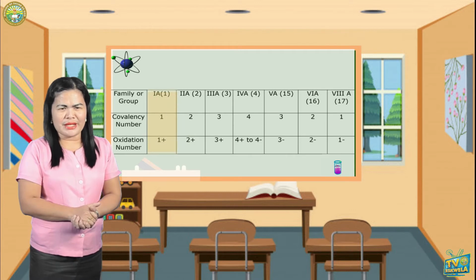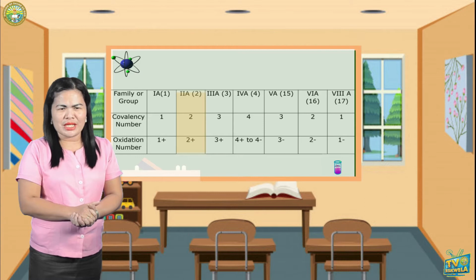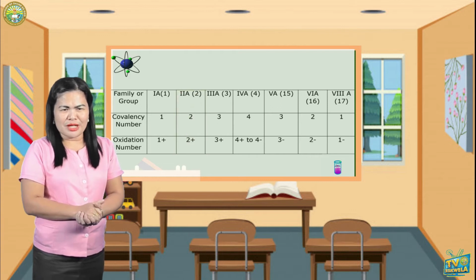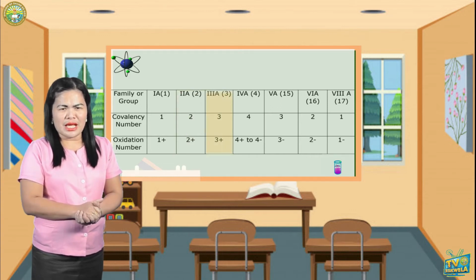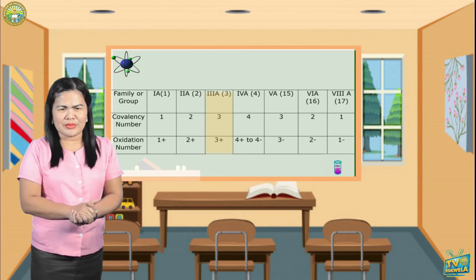Family or group 1A or 1 has the covalency number of 1 and oxidation number of positive 1. Family or group 2A or 2 has the covalency number of 2 and oxidation number of positive 2. Family or group 3A or 3 has the covalency number of 3 and oxidation number of positive 3.